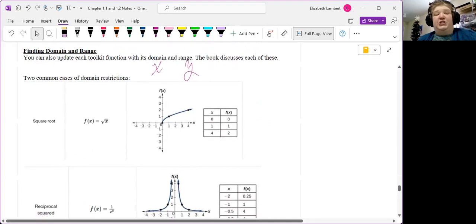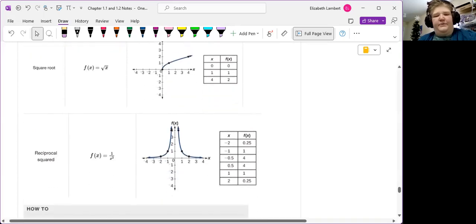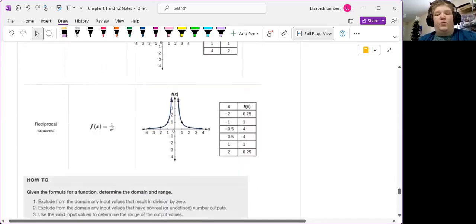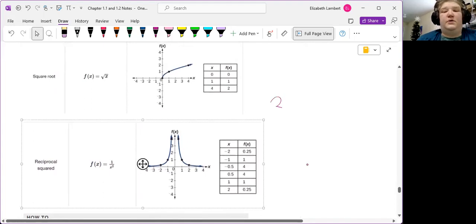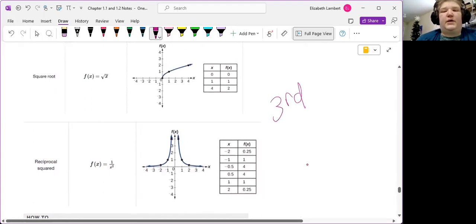All right, so like I was mentioning earlier, our two common cases of domain restrictions are going to be square roots and dividing by a variable. The third one comes from logs.